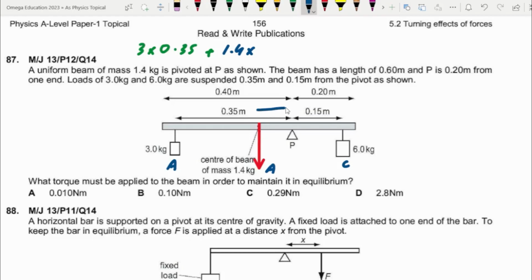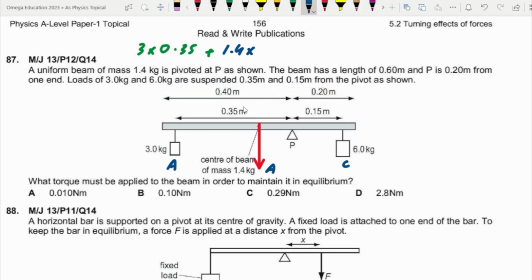How do we find this distance? Well, it is a uniform beam, and the total length of the beam is 0.40 plus 0.20, which is 0.60. It's given in the question itself.